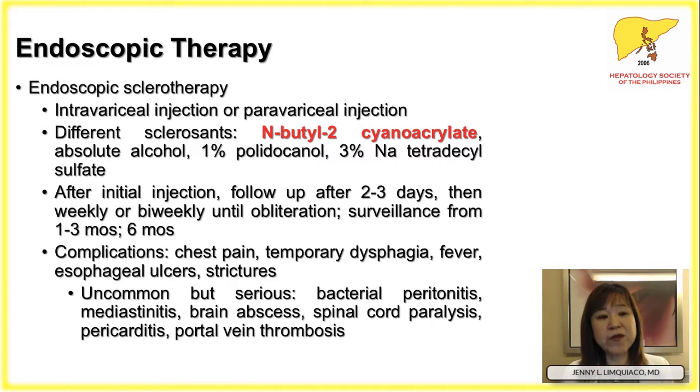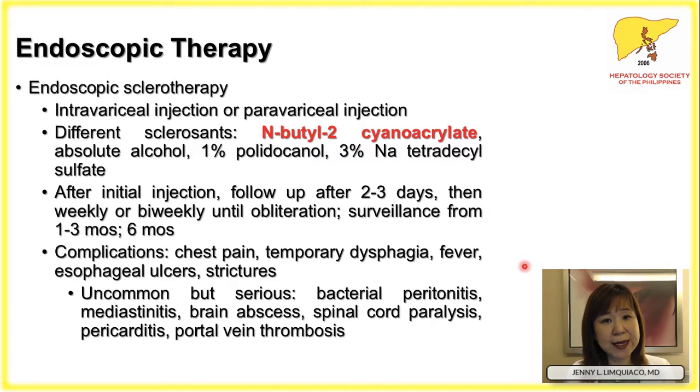Now, how do you manage gastric varices? Endoscopic therapy for gastric varices is by endoscopic sclerotherapy. So it is via intravariceal injection or paravariceal injection. We have a lot of sclerosants, but the most common is N-butyl 2-cyanoacrylate. After the initial injection, you should follow up ideally at 2 to 3 days, weekly, or bi-weekly, and you do surveillance at 1 to 3 months or 6 months interval.